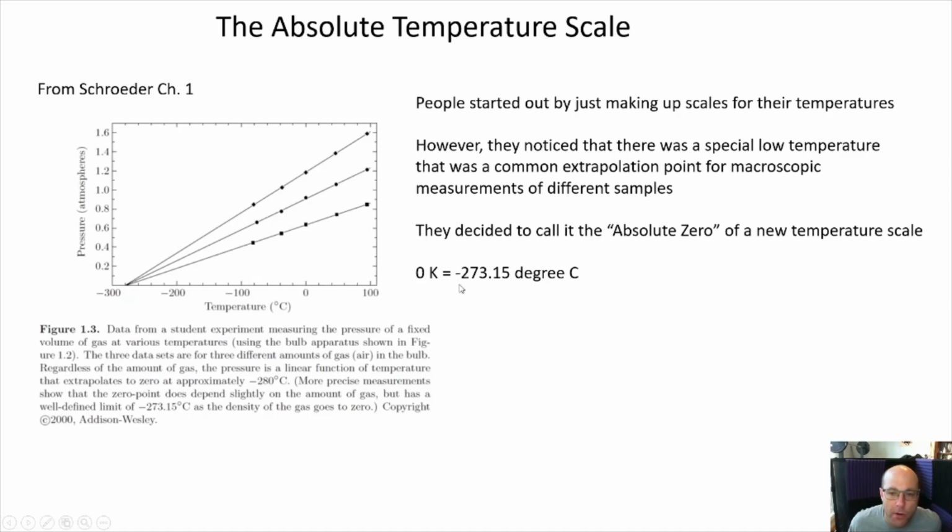And it was the point in Celsius units of minus 273.15 degrees C. And so since this point was common to all the gases, the assertion is that it can be used as an absolute zero for a new temperature scale, an absolute temperature scale, right? And so the definition is made that minus 273.15 degrees C is the absolute zero of temperature. And the temperature scale that has the absolute zero is called the Kelvin scale.